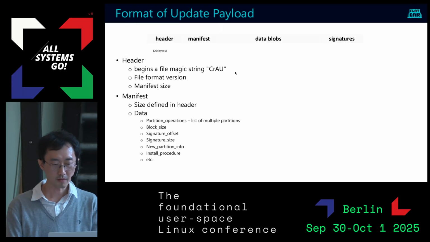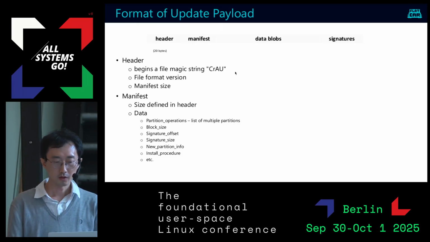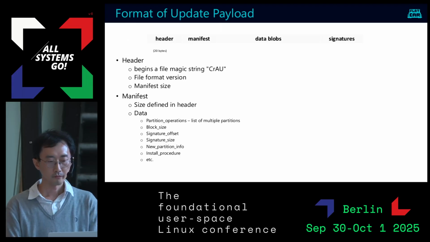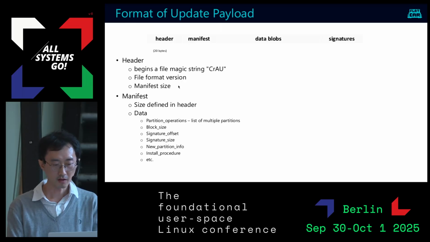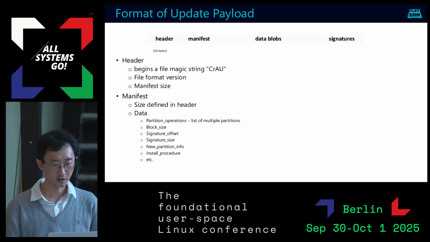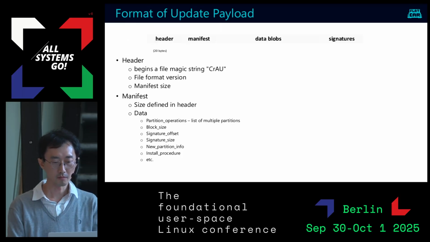It begins with the magic string CrAU, which is predefined. Then the file format version, which is trivial. The manifest size means the size of the following manifest field. The following manifest field can vary in size, and that size is defined in the previous header.